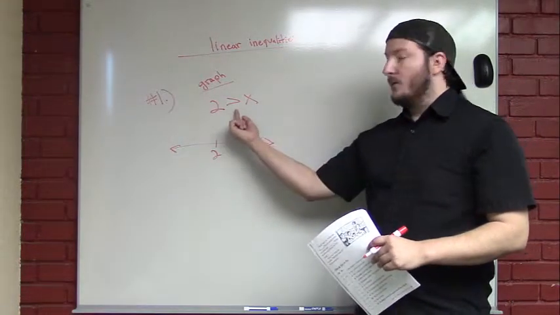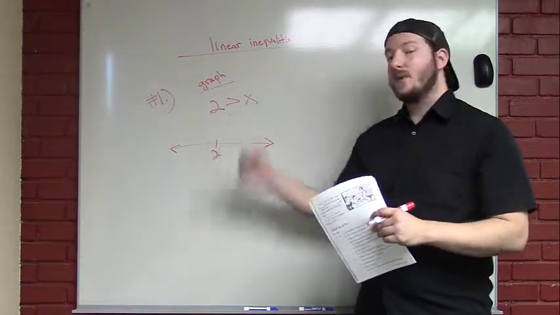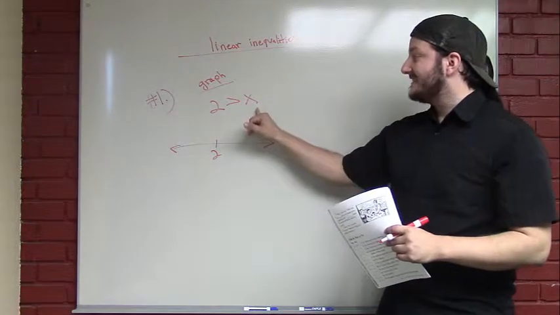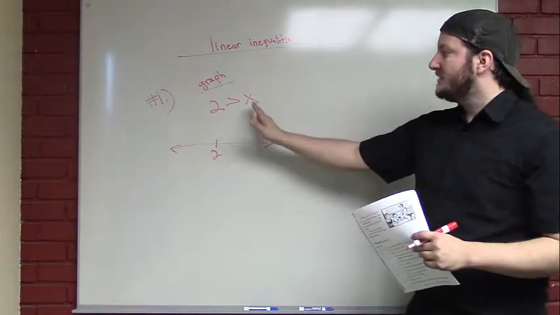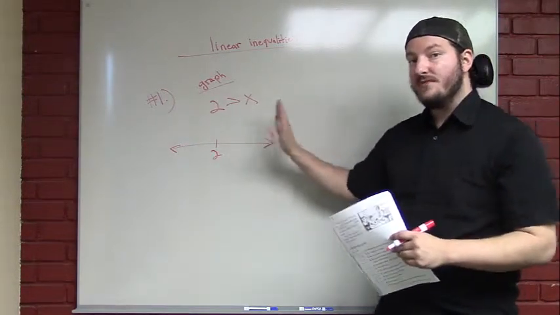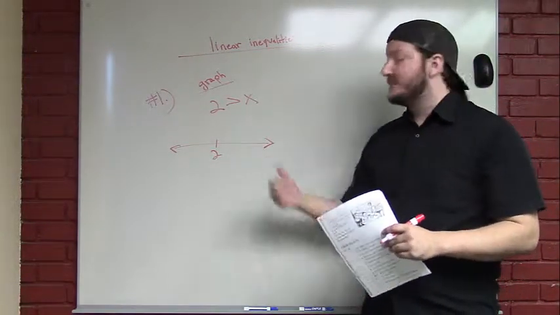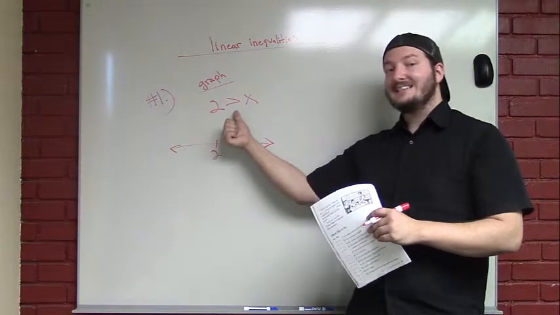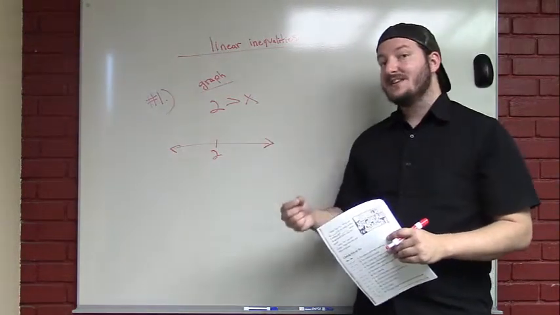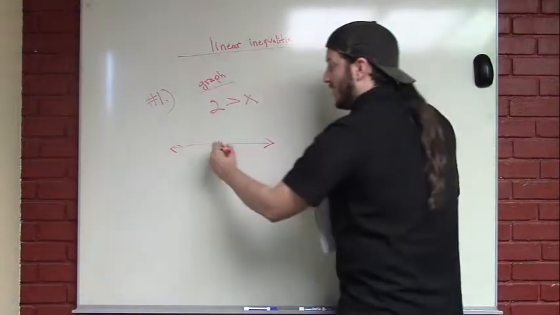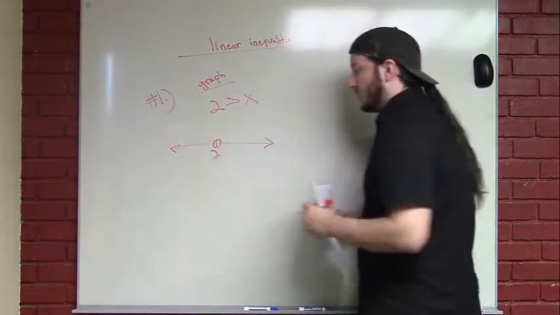Now you look at this symbol. This symbol is just a greater than symbol, okay? X is less than 2. So I like to read it from the variable, okay? Because it makes a lot more sense. X is less than 2. So since it's only less than and it's not less than or equal to, we're going to put an open circle right there.